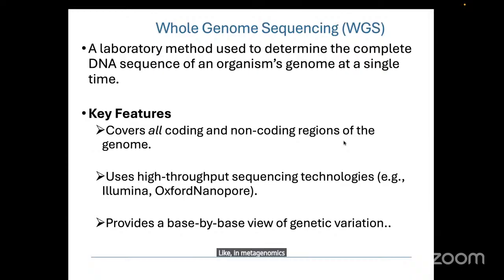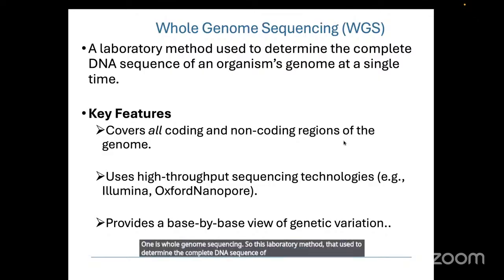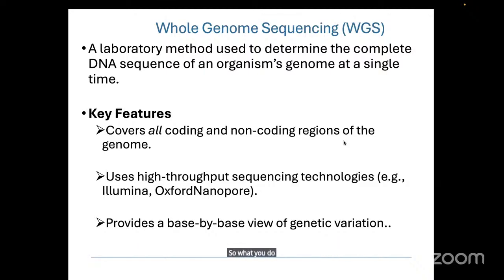Like in metagenomics, in RNA-seq, there are different types of what we do in genomics. One is whole genome sequencing. This is a laboratory method used to determine the complete DNA sequence of an organism in a single go. It covers all coding and non-coding regions of the genome.